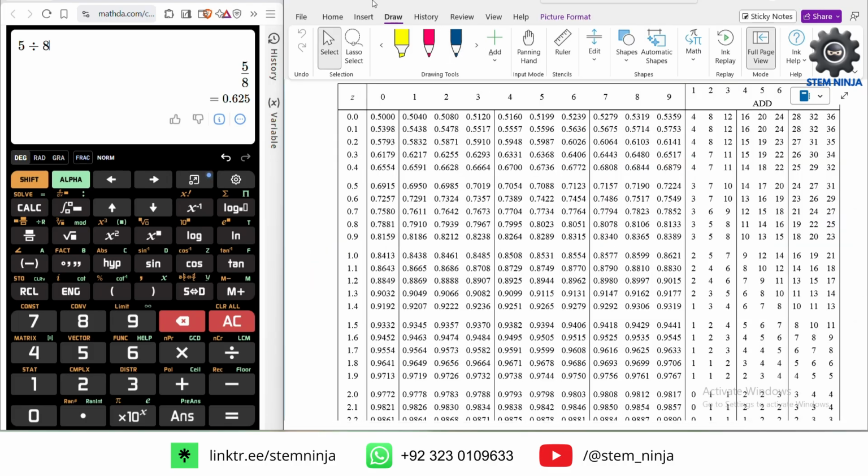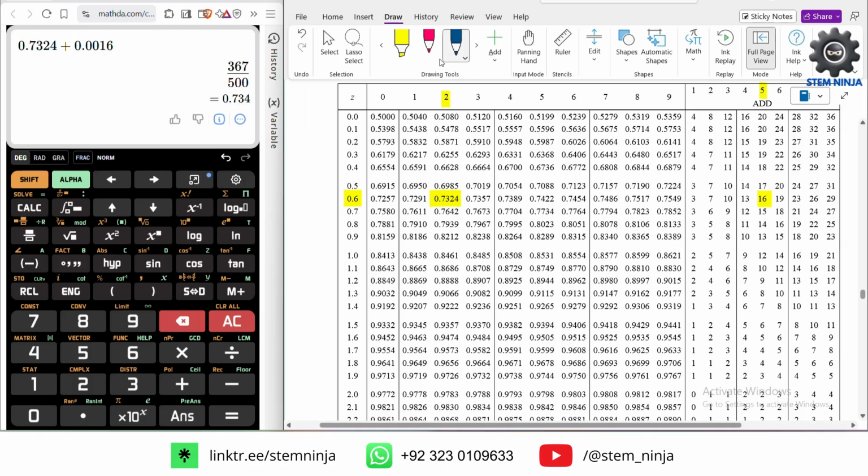So let's highlight the values that we need. So 0.62, that means this, and 5 means we need to add 16 on it. So 0.7324 plus the last two digits, 0.0016, so 0.734. Okay, so the first number is 0.7340.